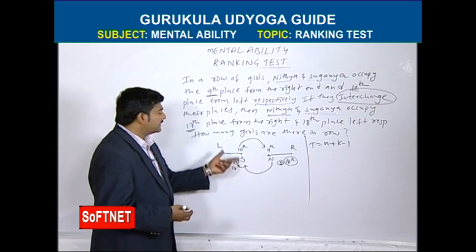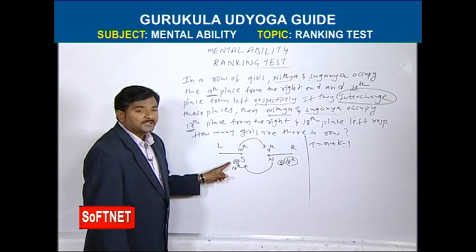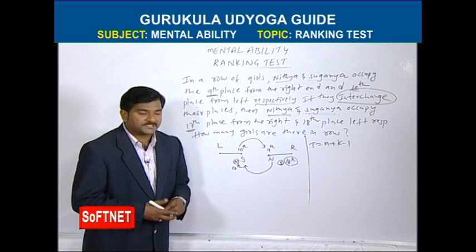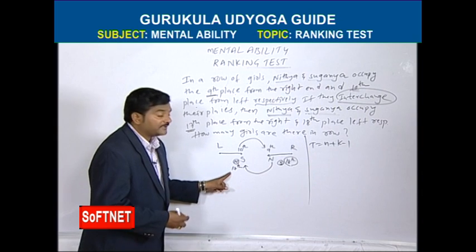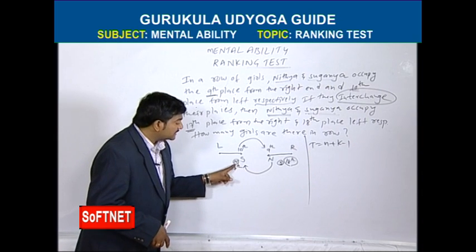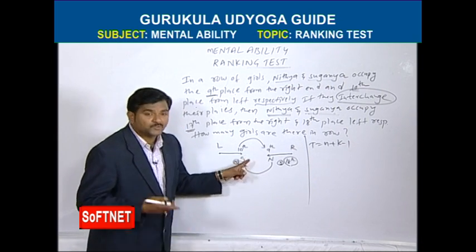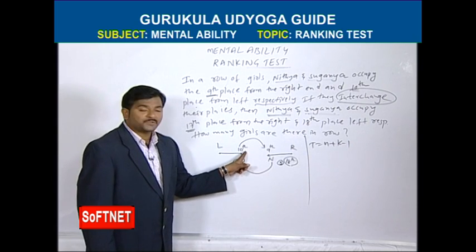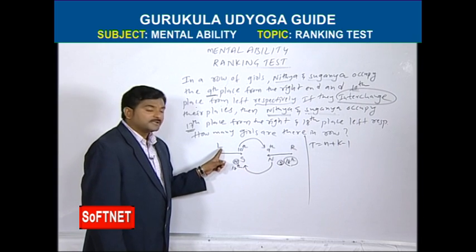Or else, see the left side concept. Now who is here? Nitya is there. Nitya occupies 17th from right. But Nitya's present position is equal to Suganya's previous position. Suganya occupied 10th place from the left side.